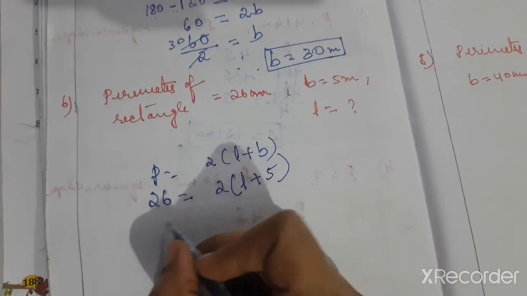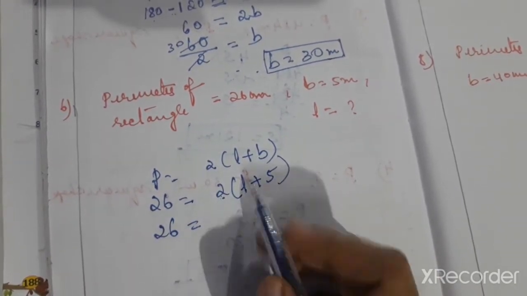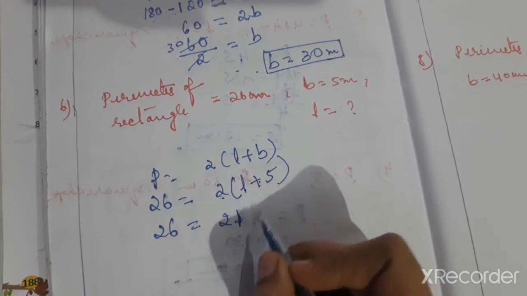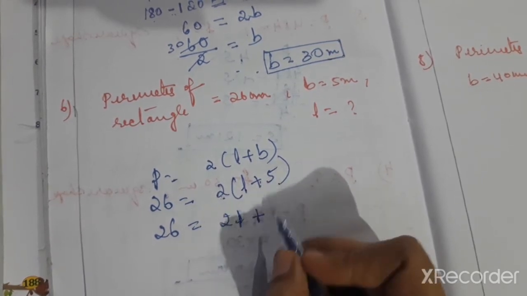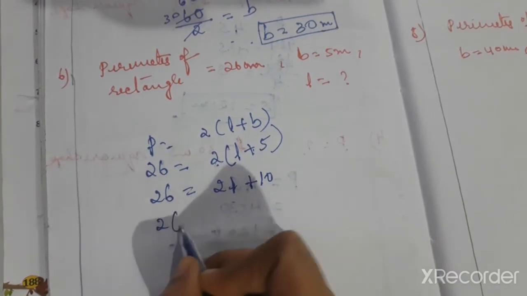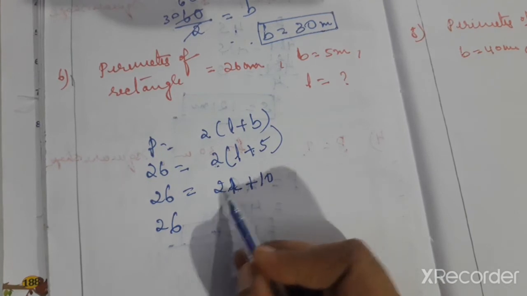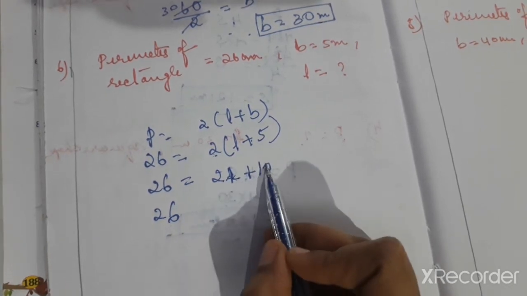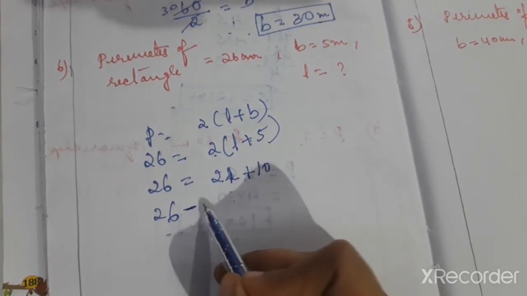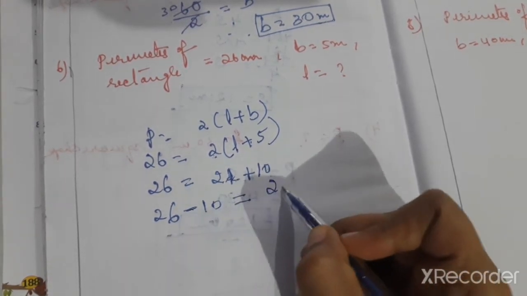Okay. Now 26 as it is, and bracket means multiplication. Multiply: 2 into L is 2L, and here plus symbol as it is. 2 into 5 is 10. Now 26, any number without a symbol is plus. So plus 10 transfers here, so plus will become minus 10, equals 2L as it is.